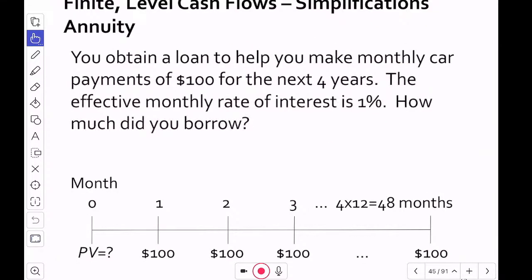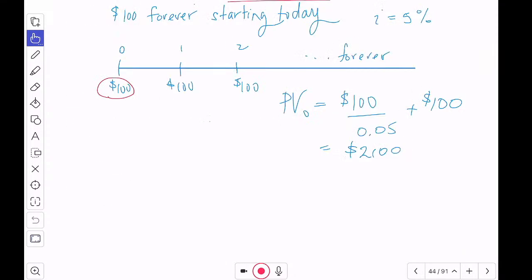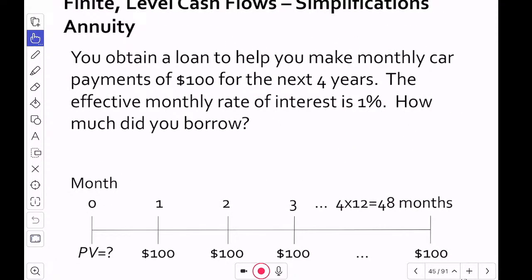All right, so let's see. What if the cash flows are not infinite, they're finite?